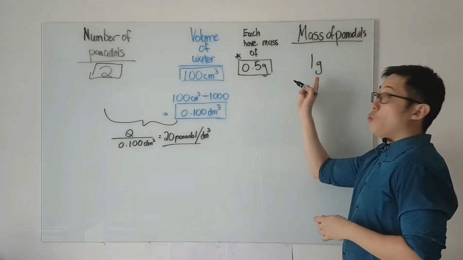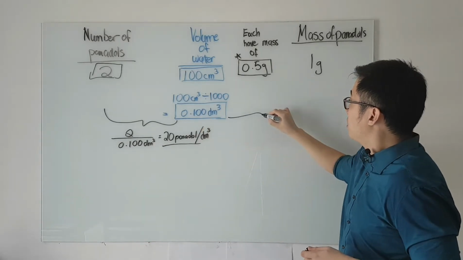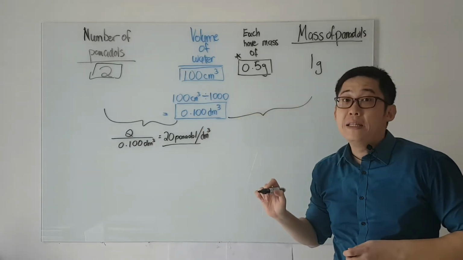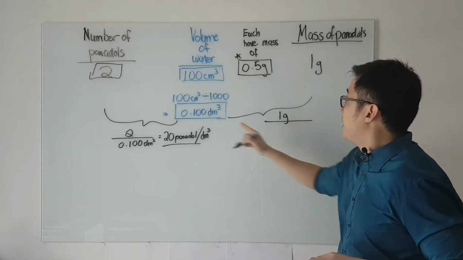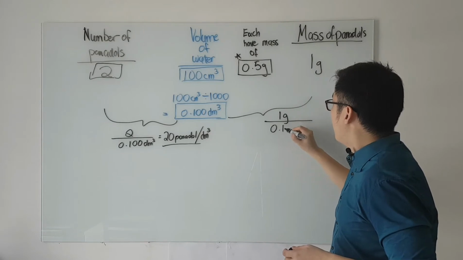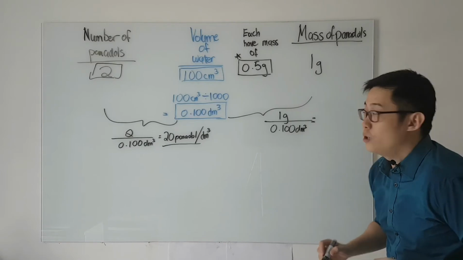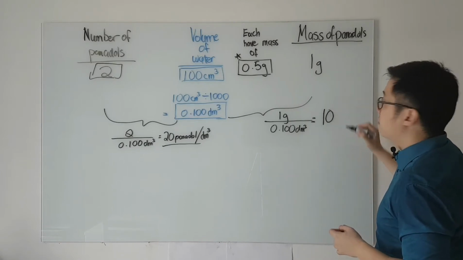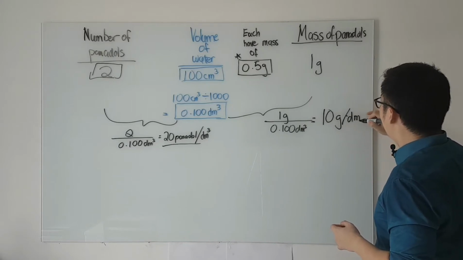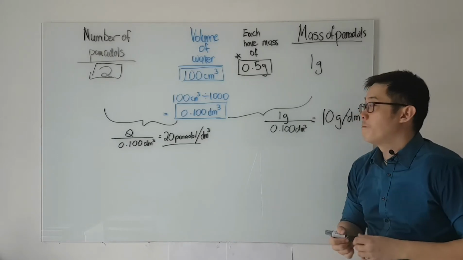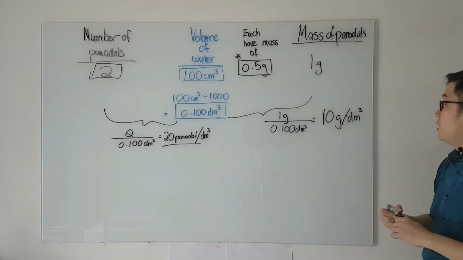Now, this 1 gram is dissolved in 0.1 dm cube, which means that it will be 1 gram divided by 0.100 dm cube, and it will give me a value of 10 grams per dm cube. Okay, there you have it.